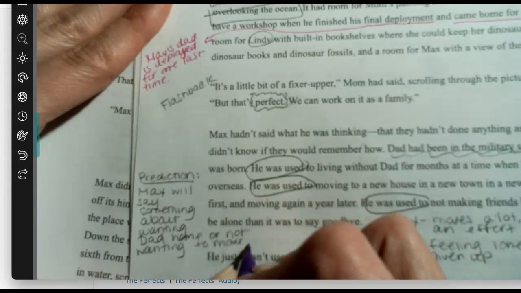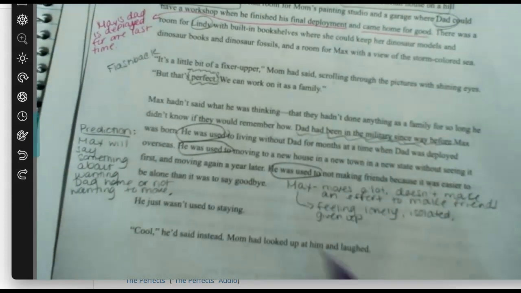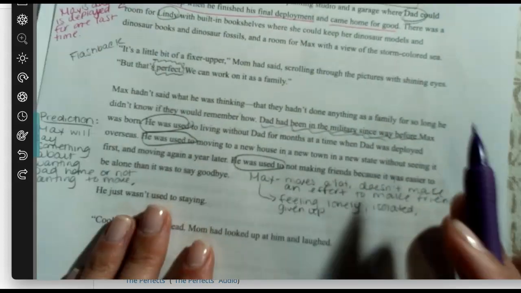I'm curious to see what's going to happen because I know that they're already in this old house. They've already moved. So I guess we're going to flash back to the scene with the sink.